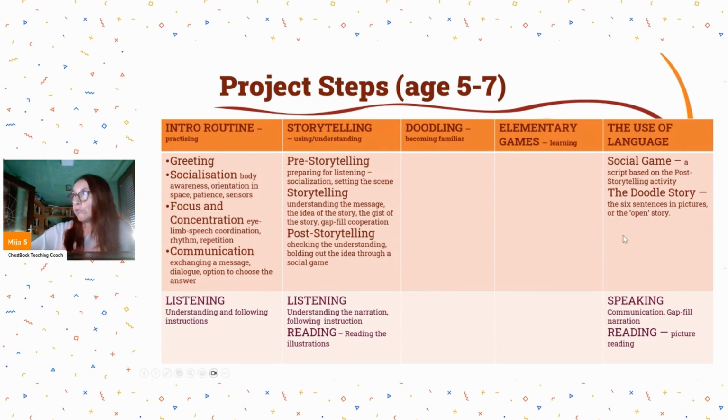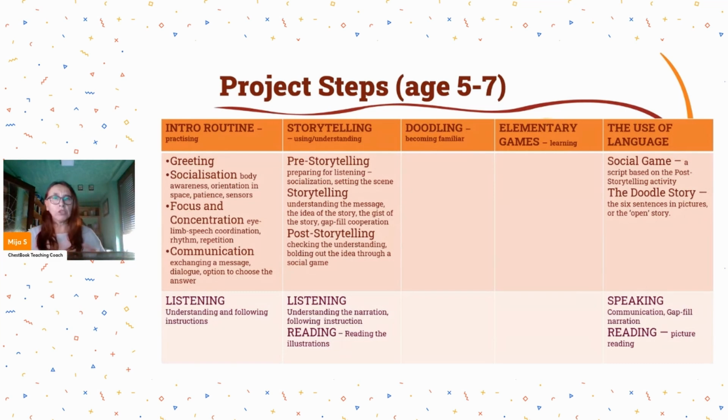And with the doodle story, what I as a teacher need to do is write down the story, a structured text with the introduction, body, and the conclusion, and mark the parts where there is a point where children can add their own vocabulary, their own ideas. When we come to the doodling part, I'm going to explain this part.